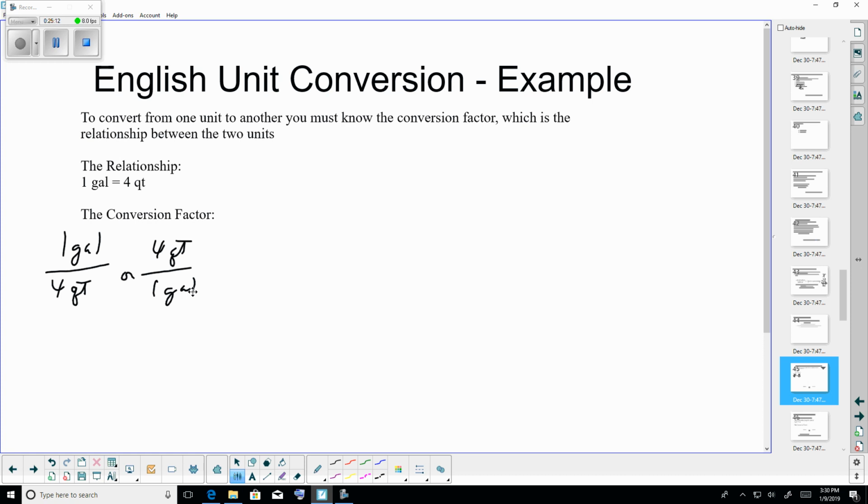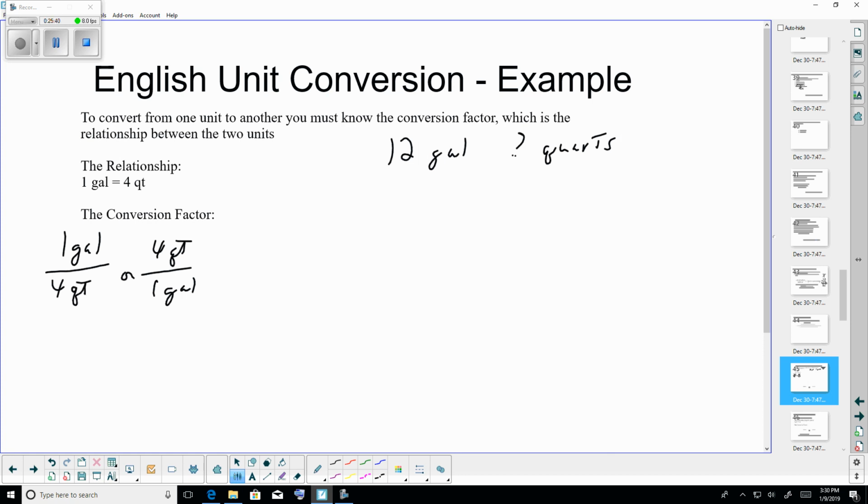So you know the relationship between gallons and quarts. Do unit conversions. If I have 12 gallons and I want to know how many quarts, I know you could do that in your head, but we're going to walk through the process because later on we're going to change numbers and units.